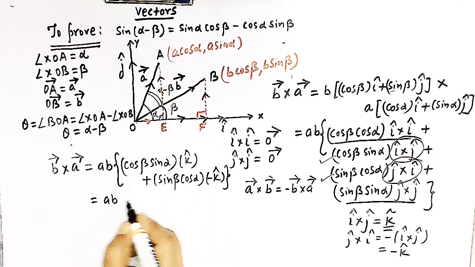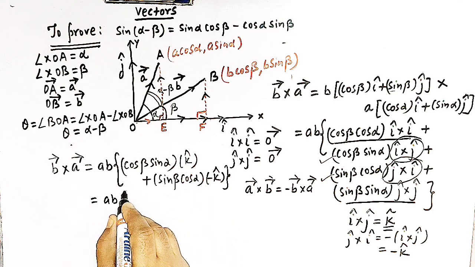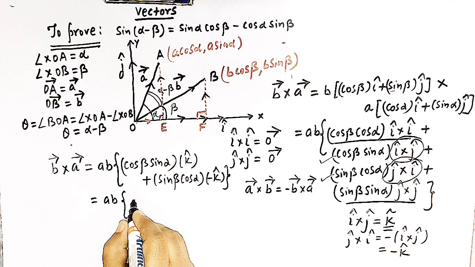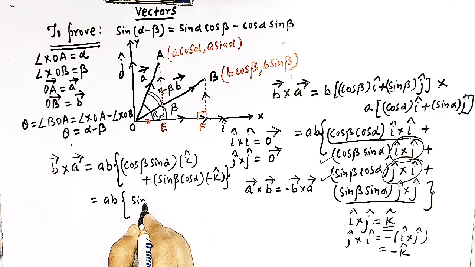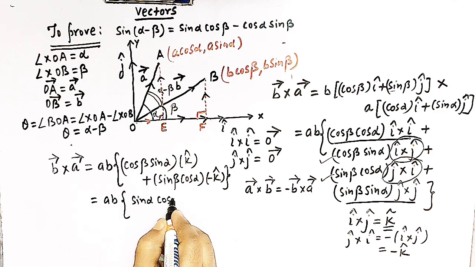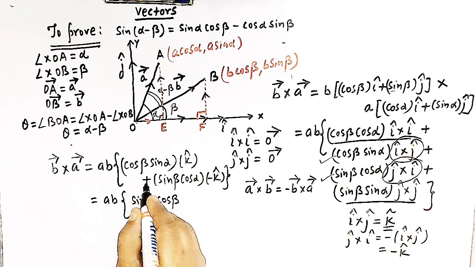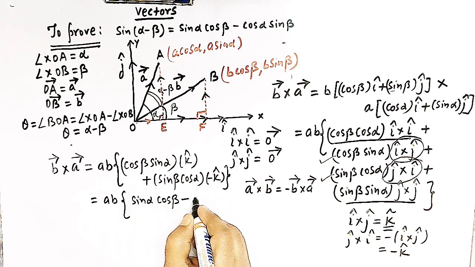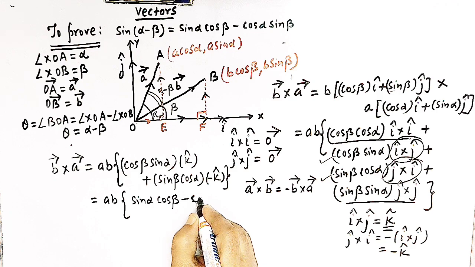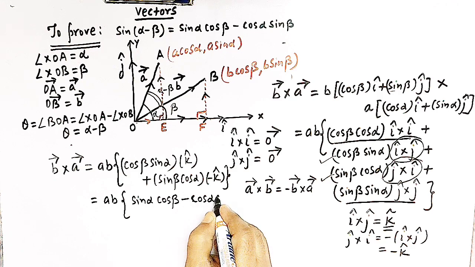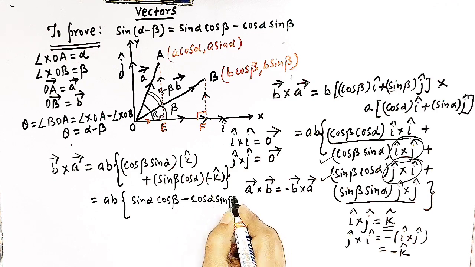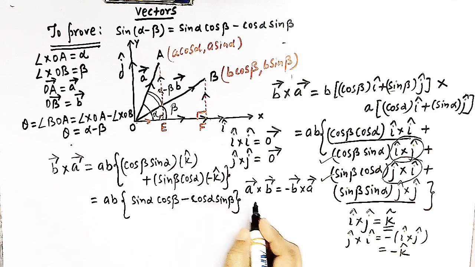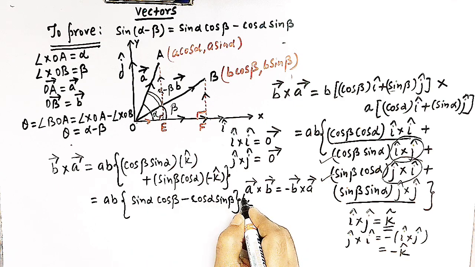So we have ab, and now we can write sine alpha cos beta, and here we have the negative sign, and cos alpha sine beta, and we can take k cap as common.